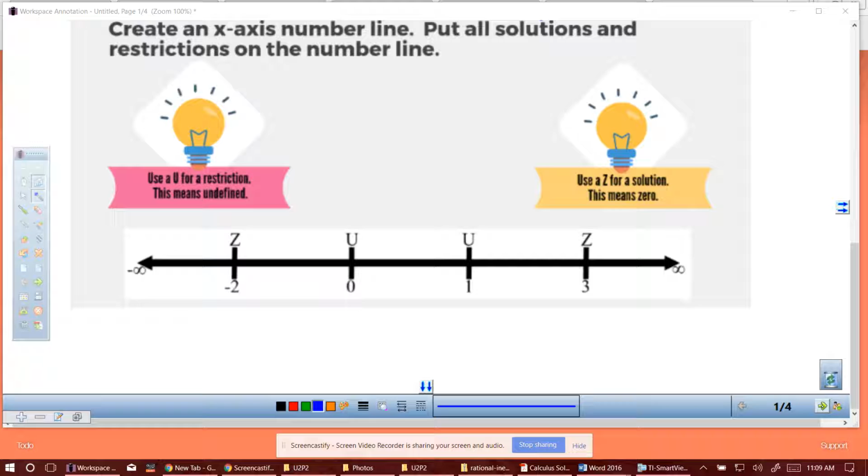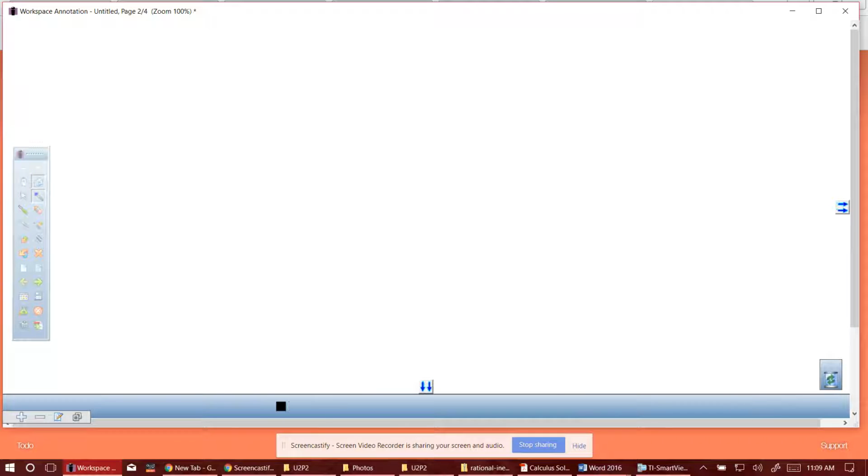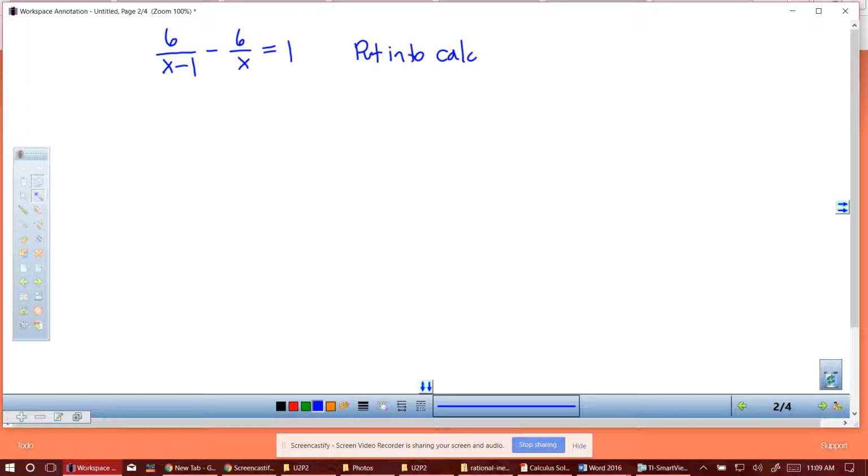Now we're coming to the part where we need our calculator. What I need to do is take my problem, which was 6 over x minus 1 minus 6 over x equals 1, and put this into my calculator. When we're using our calculator, all equations must equal 0.